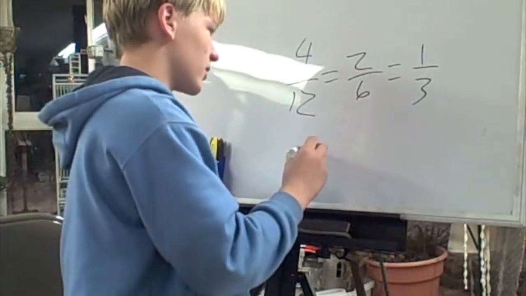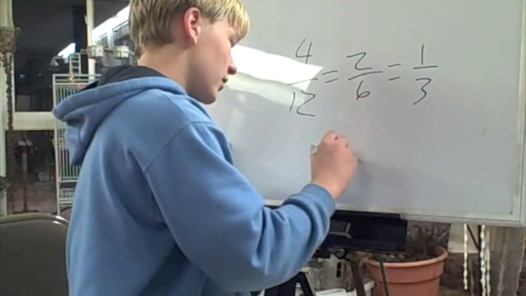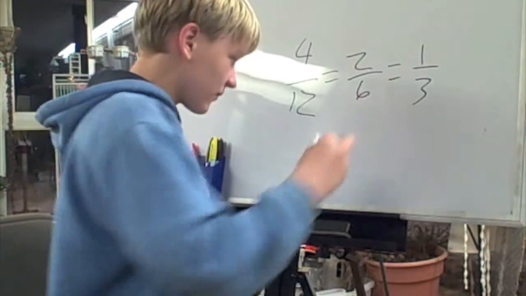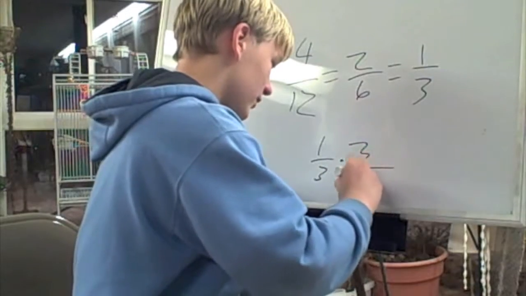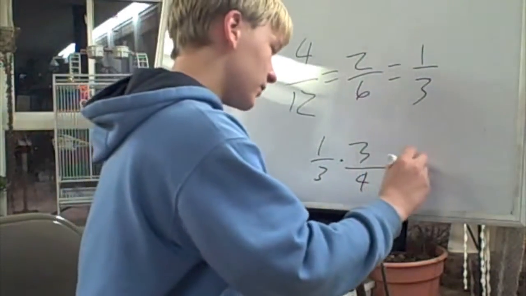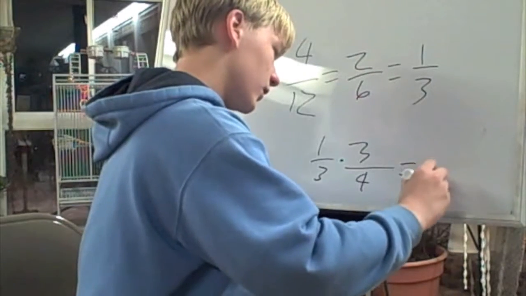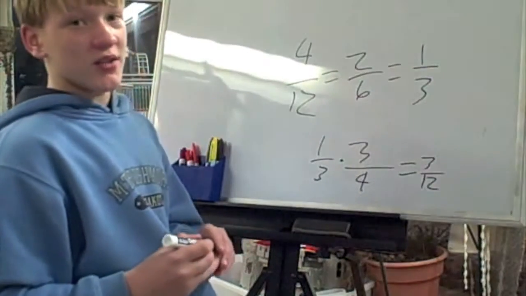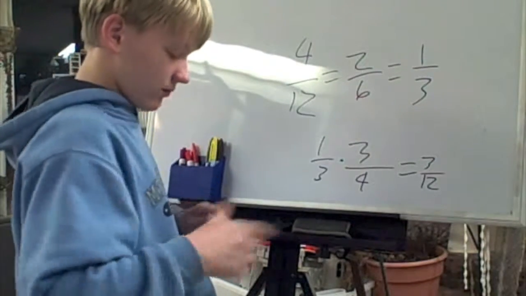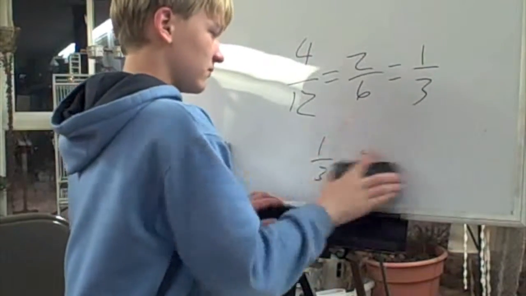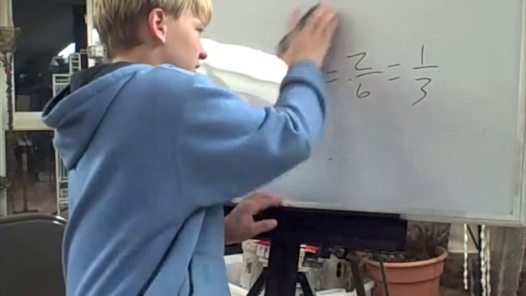So you could have started out with 1/3 times, a little dot again, times 3/4. And then you'd say 3 times 4 equals 12. And then 1 times 3 equals 3. And we have the same answer. So you can simplify either way. I like doing it at the last, simplifying it when you get the answer.